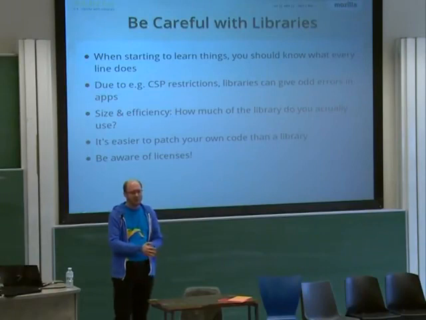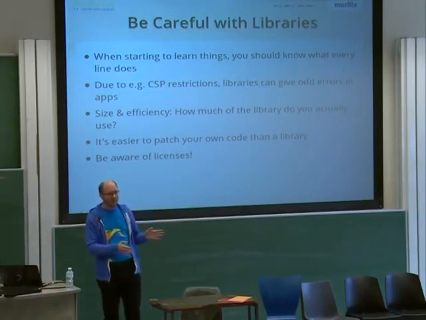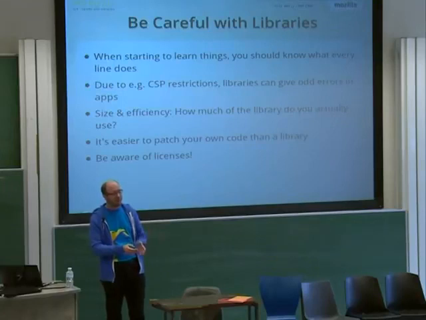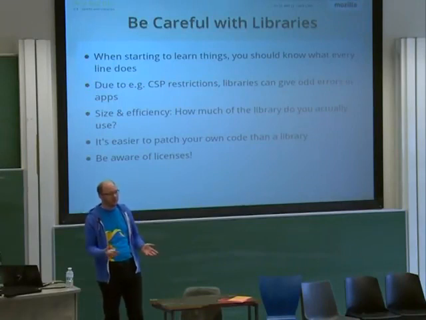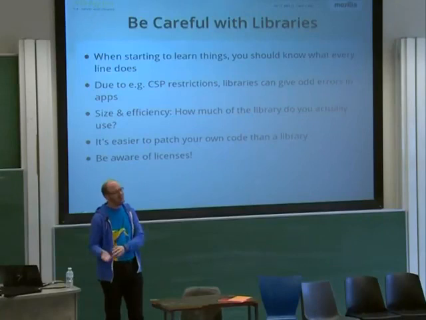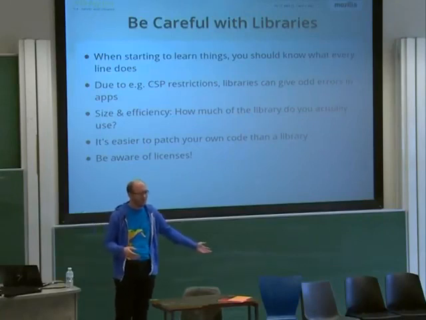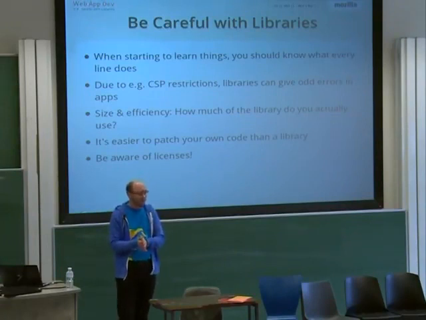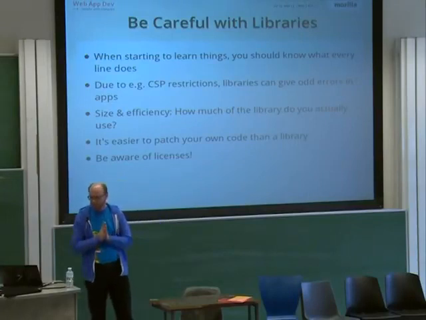So I read a thing last week or so where someone tried to use jQuery in an app and got some strange errors about something that was not allowed by CSP, and he did not write that code because that was jQuery code that violated that. So be careful with that. You might have stuff in there that doesn't actually work in web apps, because libraries are, for example, using eval, which you are not allowed to use, and things like that.